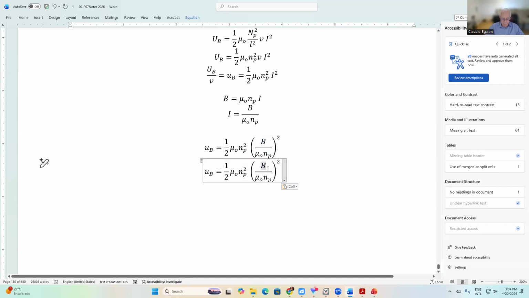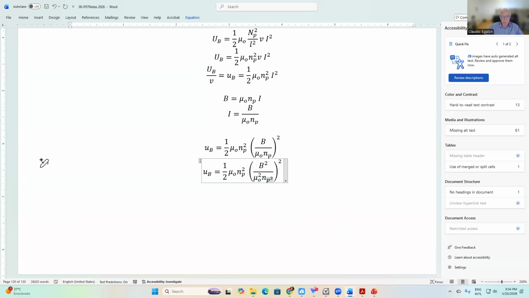This B becomes squared. This mu naught becomes squared. This NP becomes square. Oops, no. The square goes elsewhere.